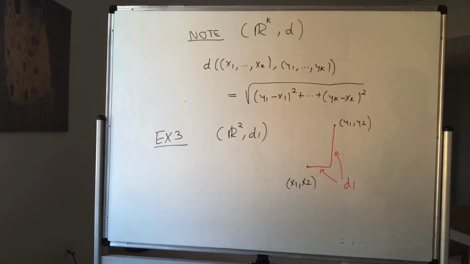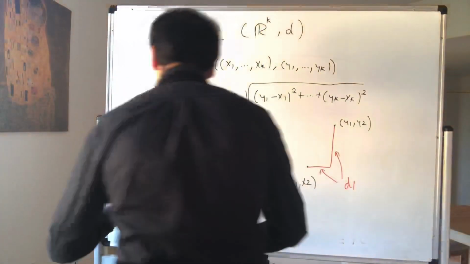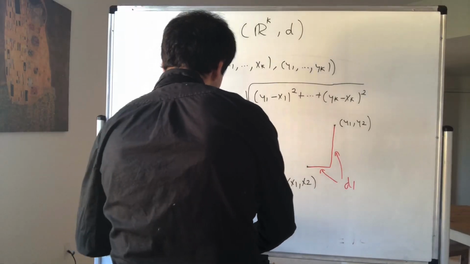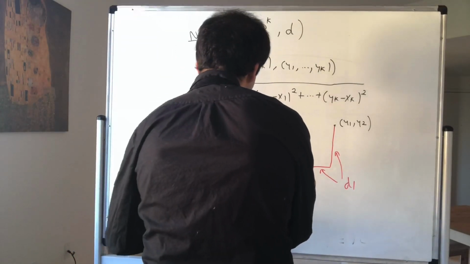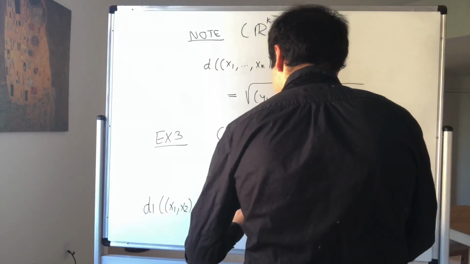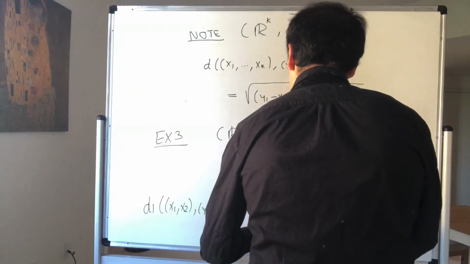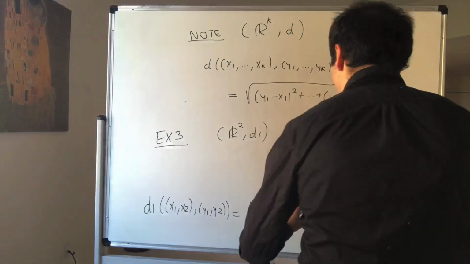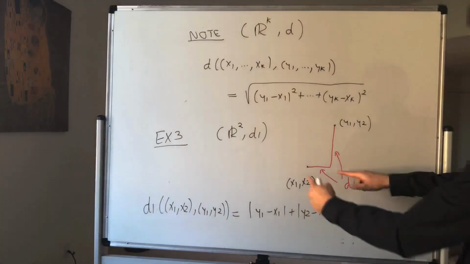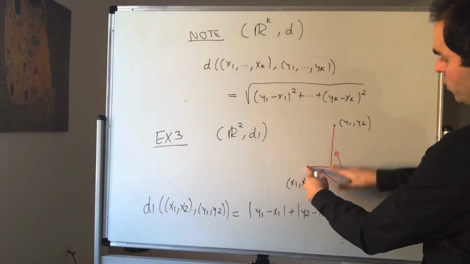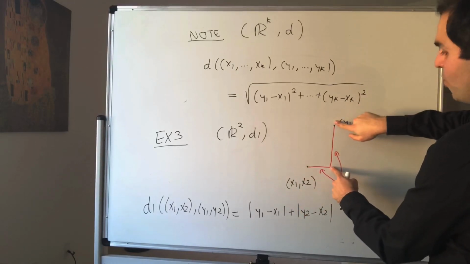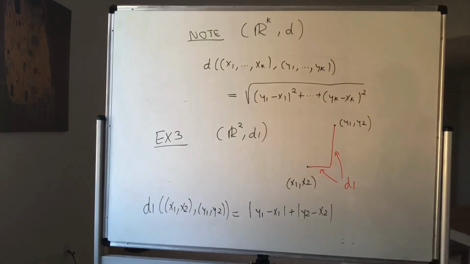In other words, to make this more formal, d1 of (x1, x2) and (y1, y2) will just be the sum of the absolute values: absolute value of y1 minus x1 plus absolute value of y2 minus x2. You take this distance, which is y1 minus x1, and add it to this distance, which is y2 minus x2.